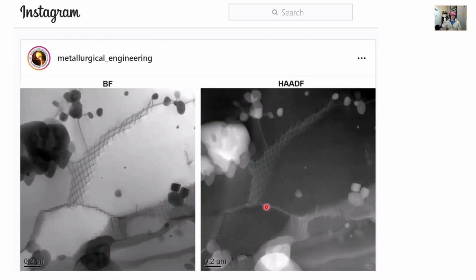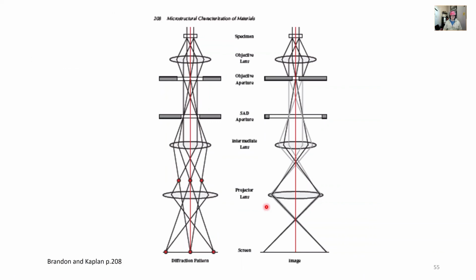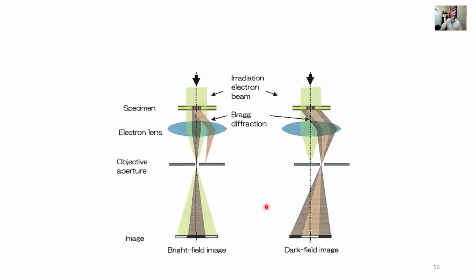For a high annular dark field image, the way a STEM is made, there's usually a diode detector that has detectors where diffracted beams are going to hit. So it's a little bit different. I should probably find a schematic for that. In a TEM, it's totally aperture controlled. You put in an aperture so you can image off of a diffracted spot. That's how you get your dark field image.